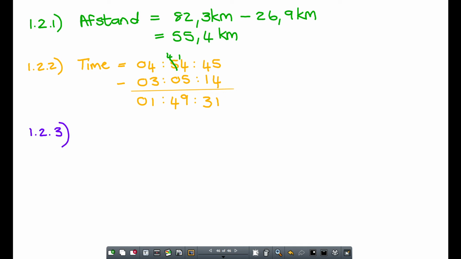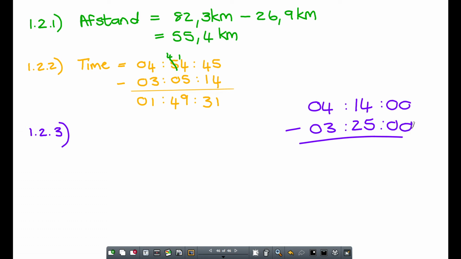It wasn't the case here, but let's say, ek gaan nou net gou vir julle 'n voorbeeld gebruik. Ek gebruik nou sommer net 'n voorbeeld, uit my kop uit. Okay, so the seconds, that's going to stay 0 and 0.